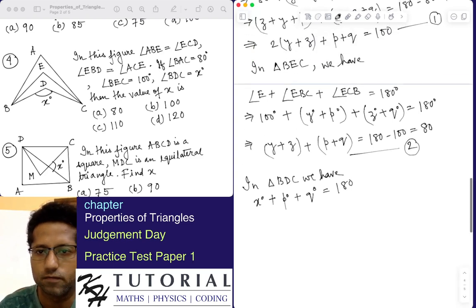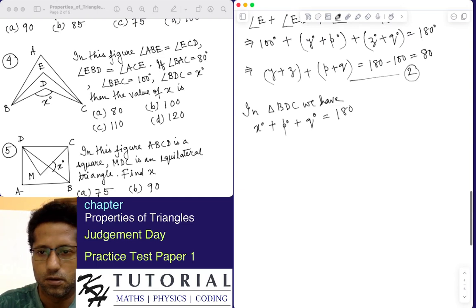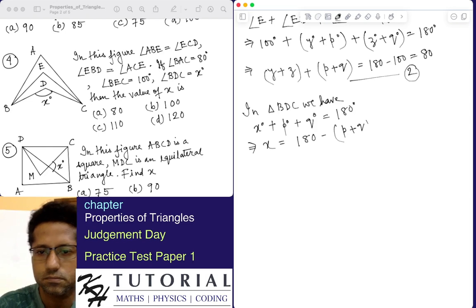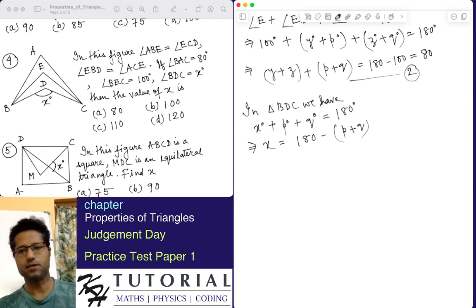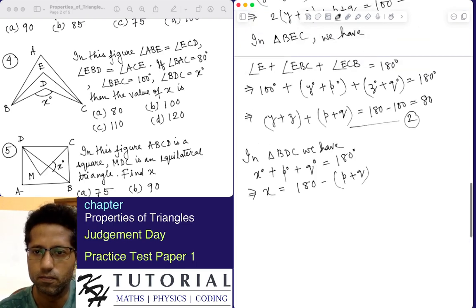The angles of the triangle BDC are X, P and Q. So this implies that X will be eventually 180 minus P plus Q. This will be X. So we just need to find P plus Q. We need not find individual values of P and Q. We just need P plus Q.